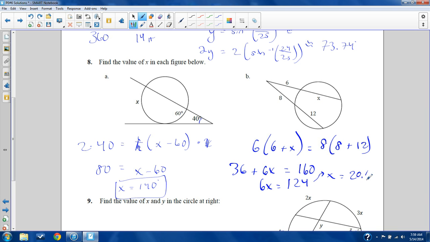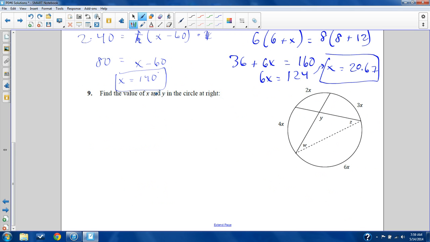That's about 20.67 when you round it. So there's your x length right there. .67, and this was 140 degrees. Okay.